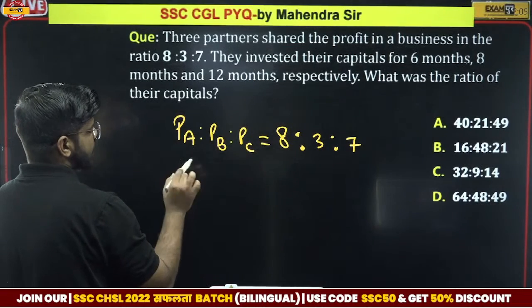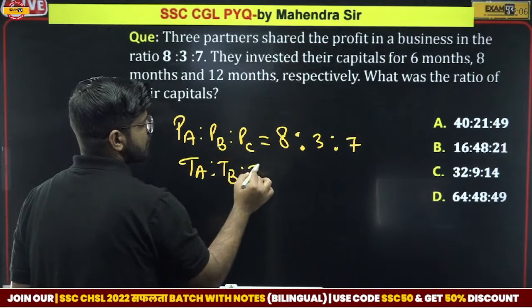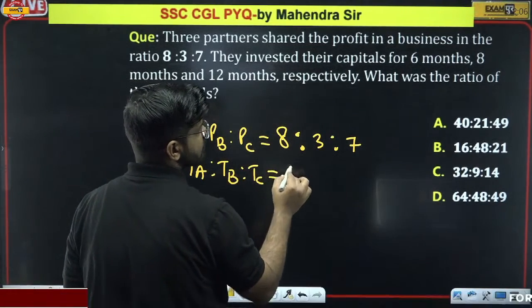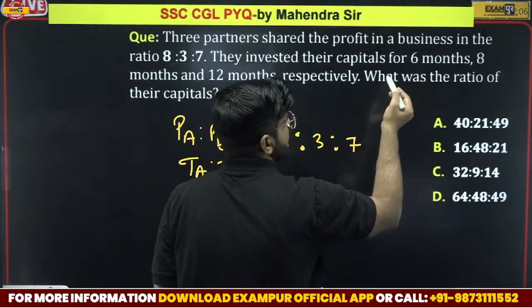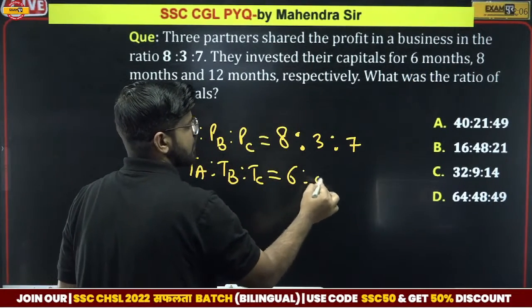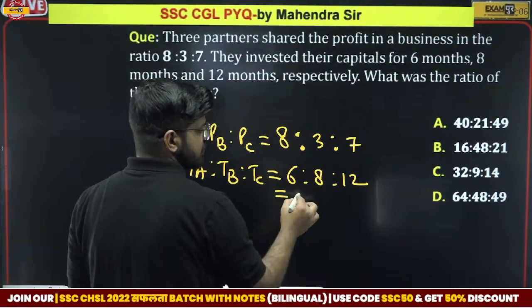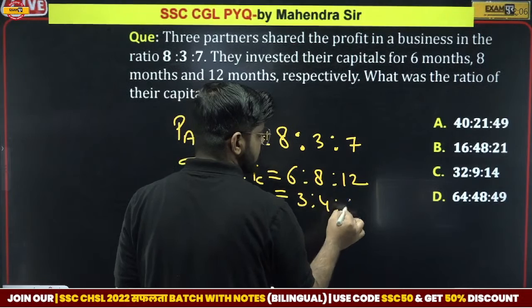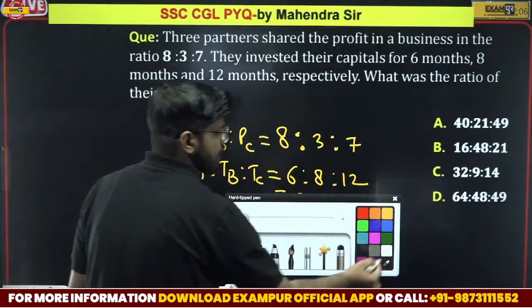That means their time is given: TA ratio TB ratio TC is 6, 8, 12. We can also find the ratio. Again, this can be written as 3, 4, 6. Clear to everyone?